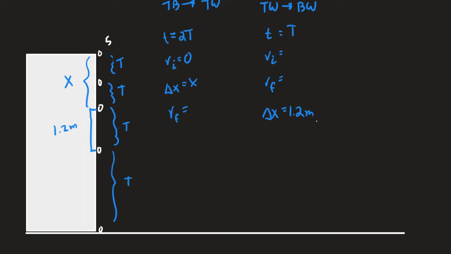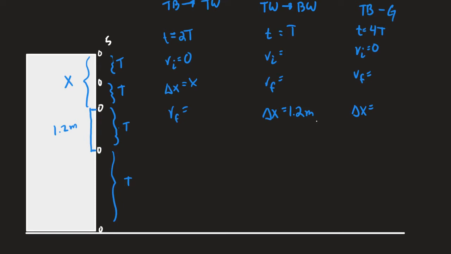And now from the top of the building to the ground, we know that the time it takes is 4t. The initial velocity was 0. Final velocity is unknown. And delta x is unknown.